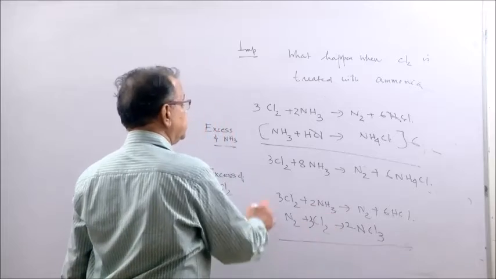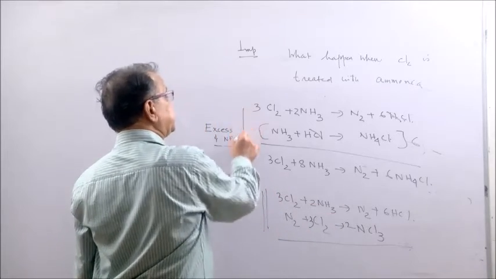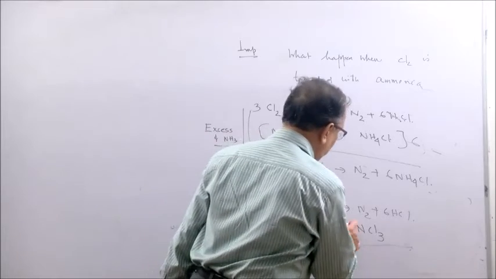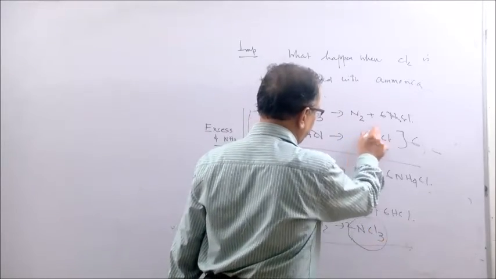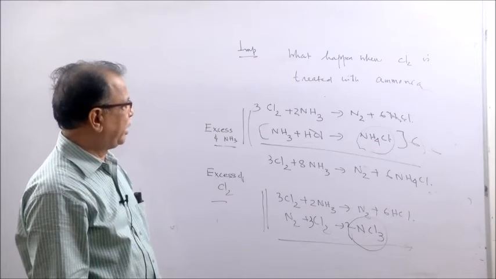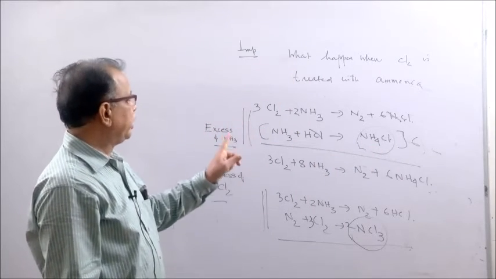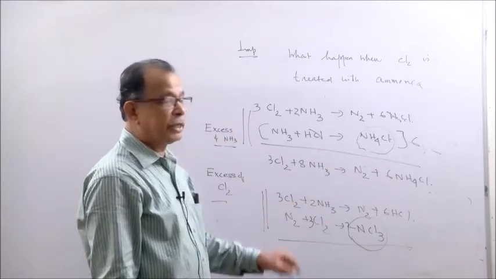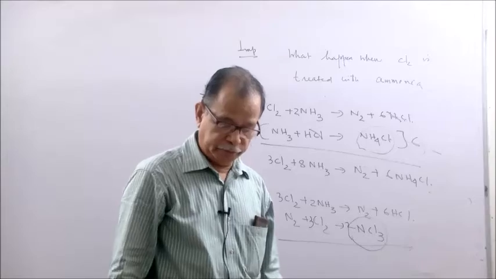We add these. So this is the excess of chlorine, this is the excess of ammonia. Here we get nitrogen trichloride NCl3, here we get ammonium chloride. This is the difference in what happens when chlorine is treated with ammonia. You write down both. When excess of ammonia, it gives ammonium chloride. With excess of chlorine, we get nitrogen trichloride.